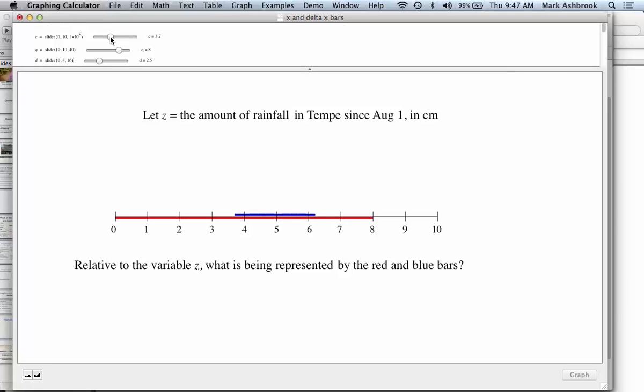Okay, so now I'm going to tell you that this change starts at 3.72 and ends at 6.18. What's the change in the amount of rainfall that I'm showing with the blue bar?